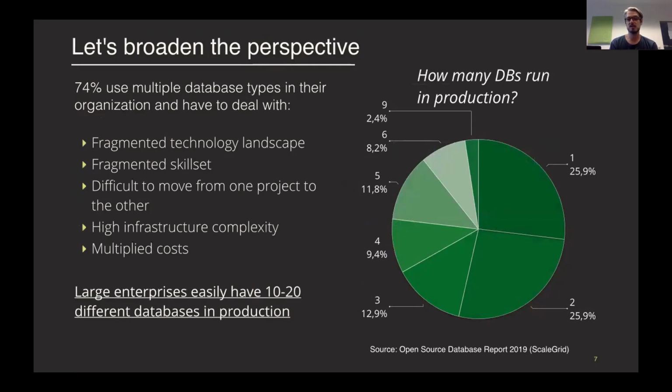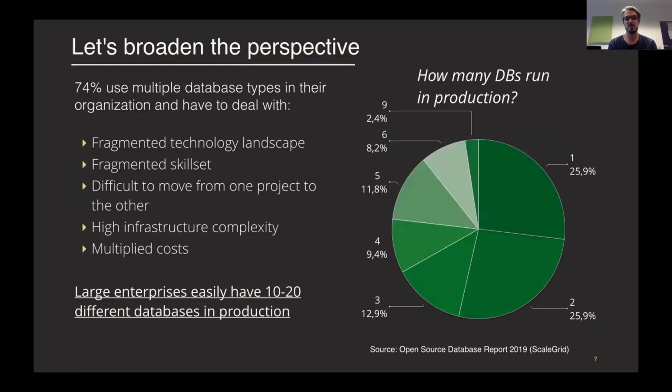As you can see, more than 2/3 answered that it is more than one database. It's not surprising, but what is surprising is that nearly 30% say it's 5 databases or more. From what we learned from our customers and users, large enterprises easily run 10 to 20 different databases in production today.